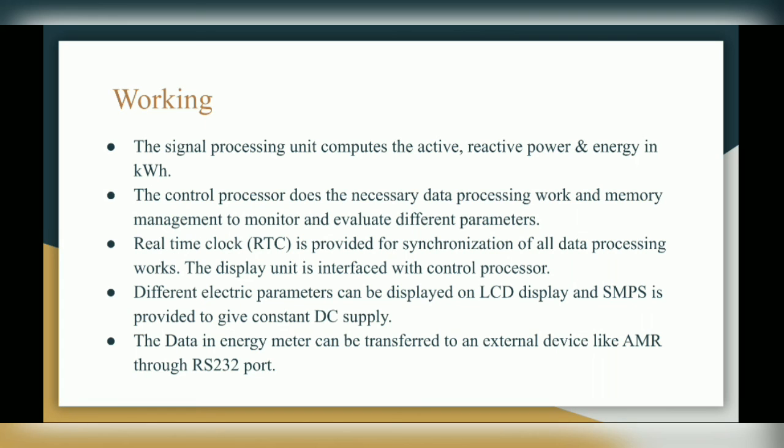Different electric parameters can be displayed on the LCD display, and SMPS is provided to give constant DC supply. The data in the energy meter can be transferred to an external device like AMR through the RS-232 port. So the RS-232 port is added in this to connect the external device, that is AMR. So this is the working of this 3-phase electronic energy meter.